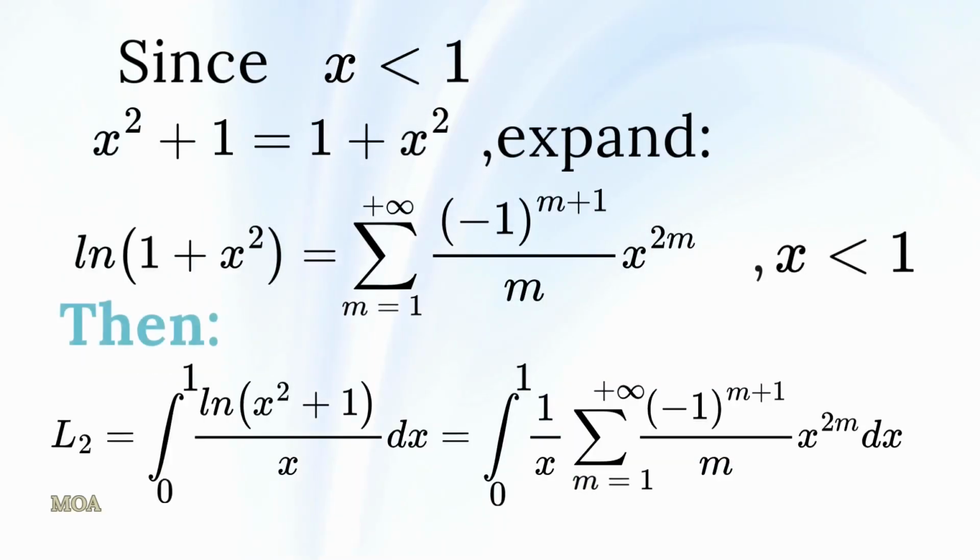So, since x² + 1 = 1 + x², ln(1 + x²) = Σ from m = 1 to ∞ of (−1)^(m+1)/m · x^(2m), where |x| < 1.